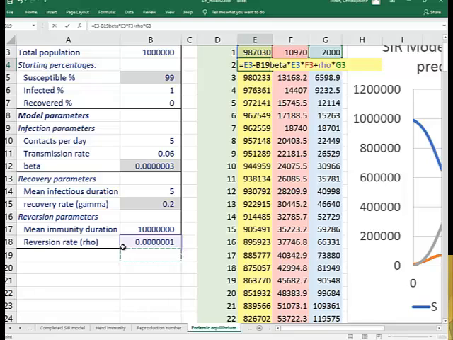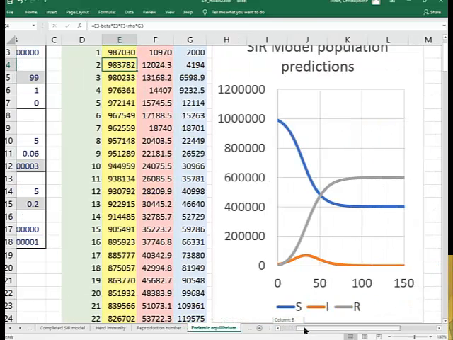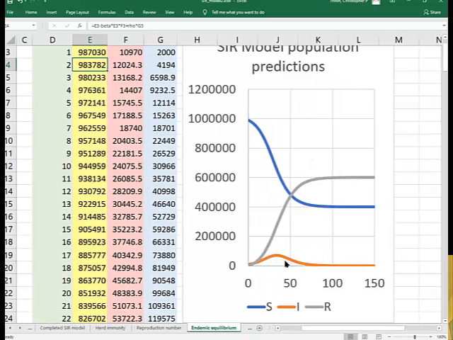Now in this case, almost no one reverts. So you can see that this is just like we've had before. We have the infection, it goes up, it goes down, and some people become recovered, but eventually no more are infected. We've reached a steady state or equilibrium.